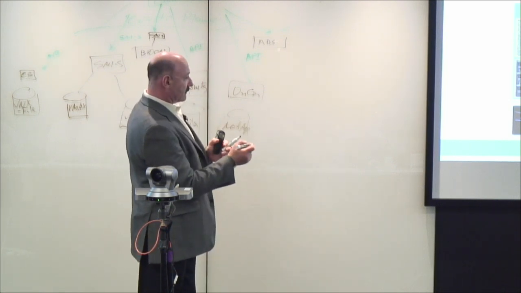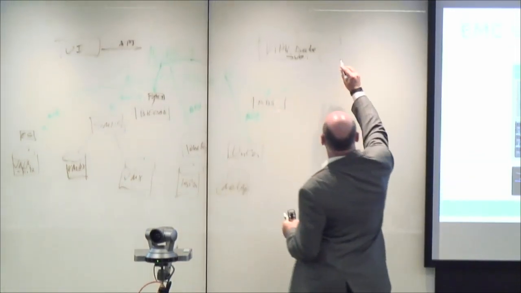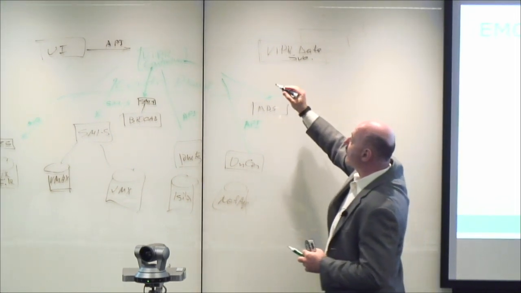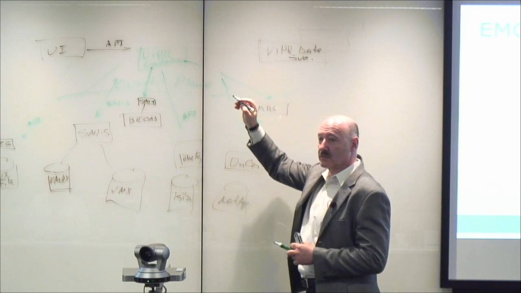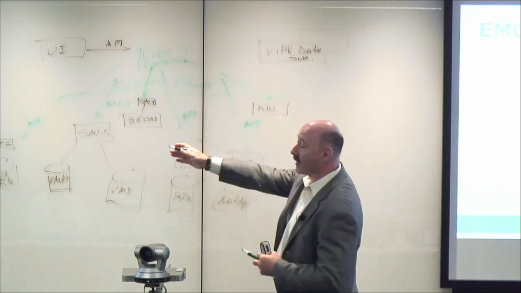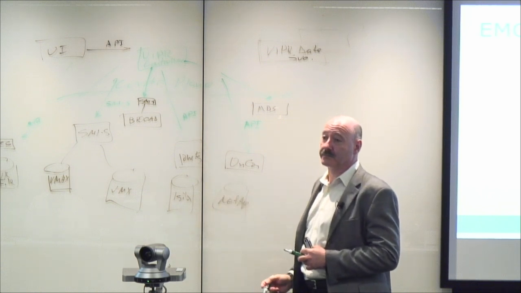So in essence, the ViPR data services use the same virtual storage pools to store the object data on top of, let's say, NetApp, Isilon, or VNX file.